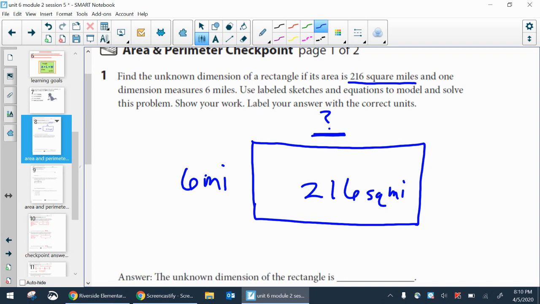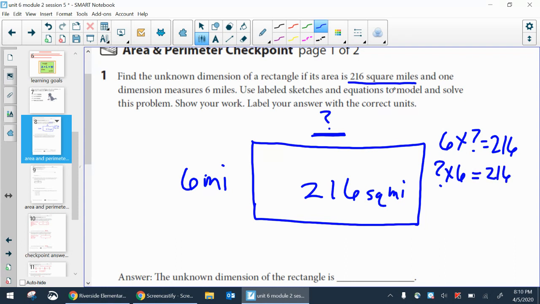Now, if I think about equations that I could use for this area model, I could use 6 miles times my unknown equals 216 square miles. Or I could do the turnaround fact. My unknown dimension times 6 is 216.